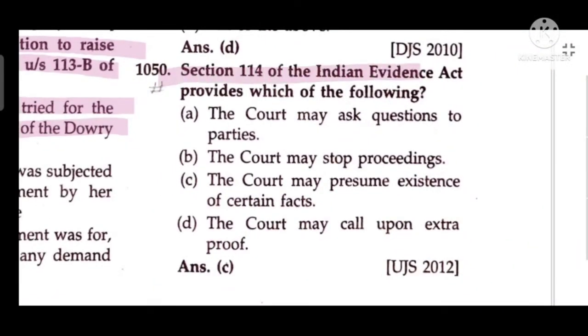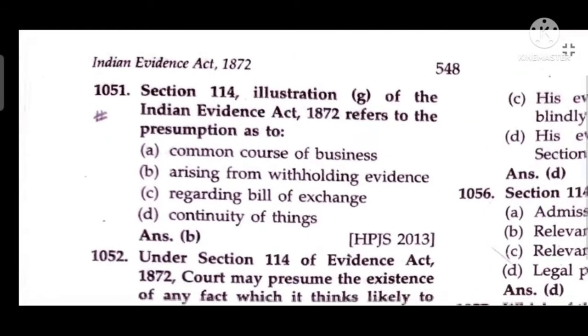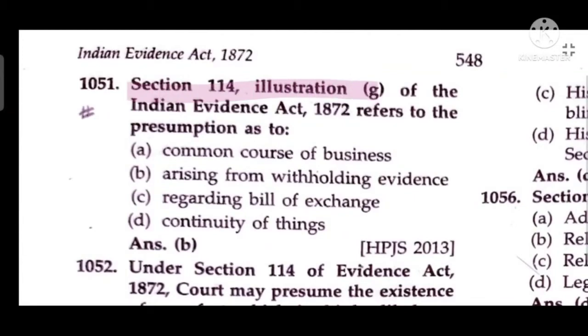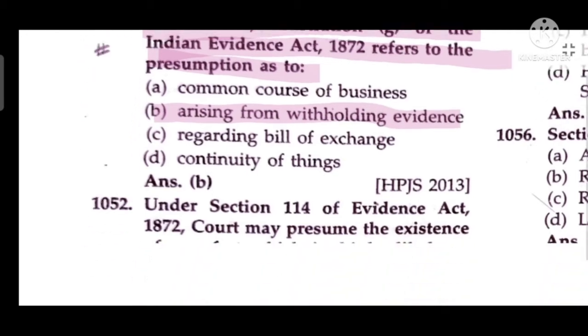Section 114 of the Indian Evidence Act provides which one of the following? The court may presume the existence of certain facts. Section 114 Illustration (g) of the Indian Evidence Act 1872 refers to the presumption arising from withholding evidence.